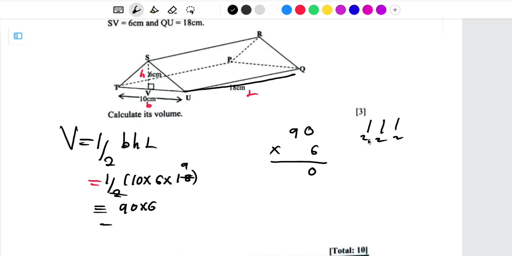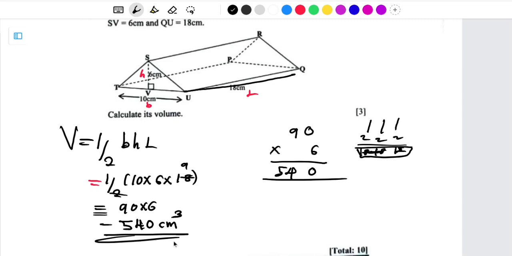Then 2 multiplied by 9, that is 18, 18, 18. Then when I add here, what am I going to get? This is going to be 32. 32 plus this one here. It's going to give me, is it 54? Yeah, 54. Something like this. So my final answer is going to be 540. But remember, I'm talking about volume, so it has to be in centimeters cubed as our final answer.